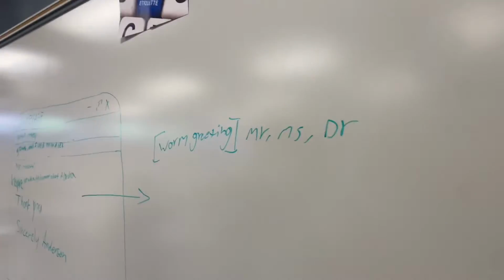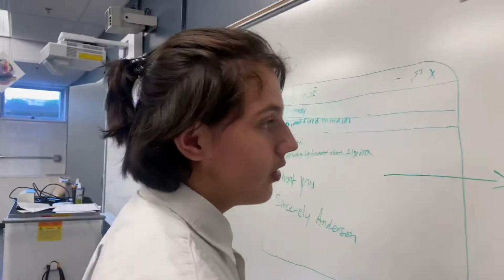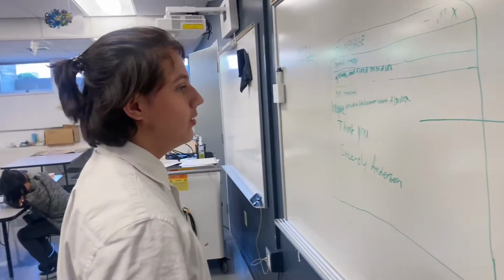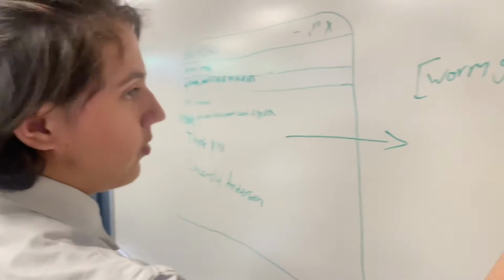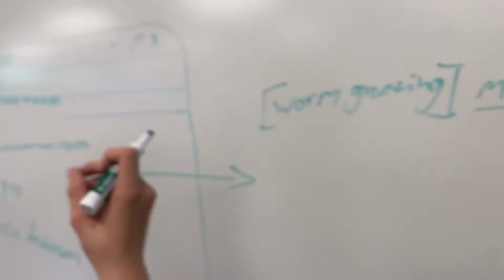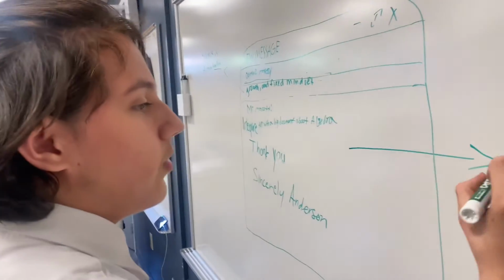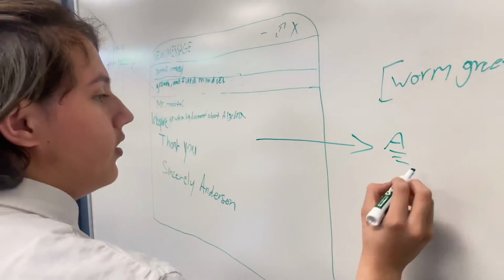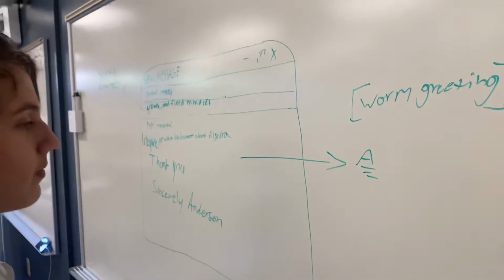Unless you're close to them, you could just say their full name or a nickname if you want to. But as a teacher, we would always prefer Mr., Miss, or Doctor, according to our professions. A body paragraph should always start with a capital letter, no matter what.